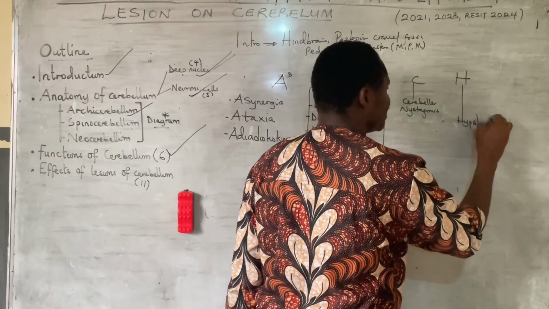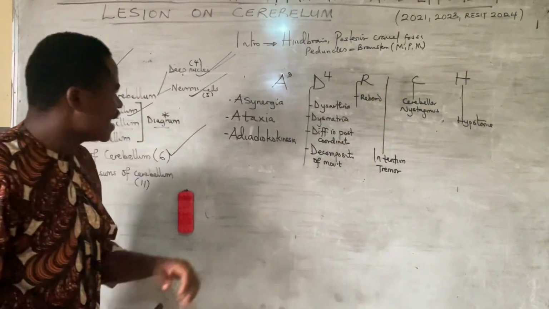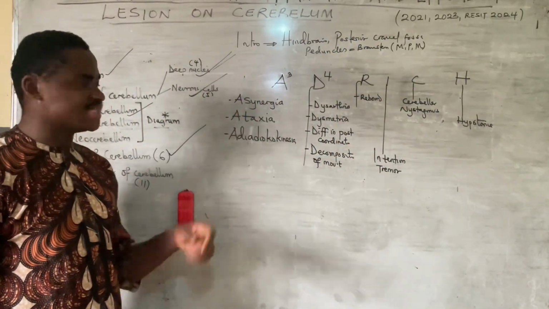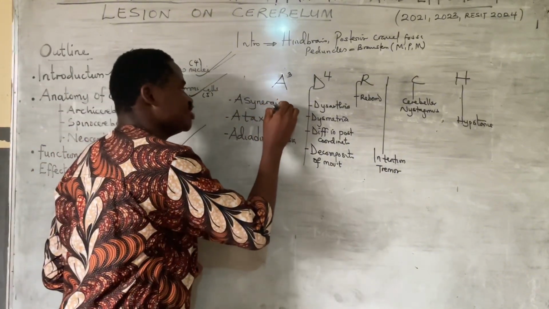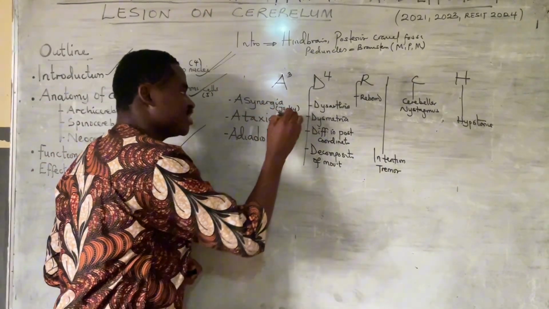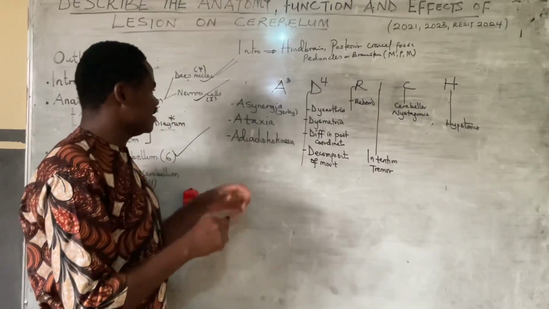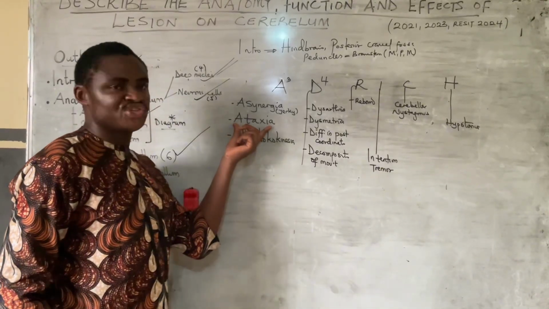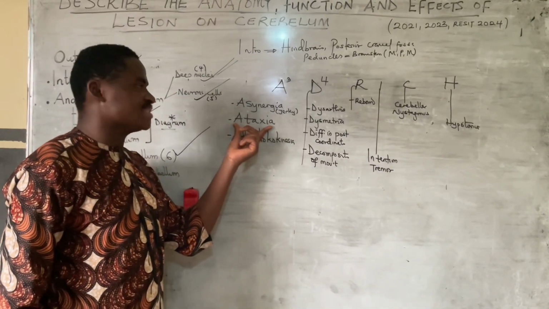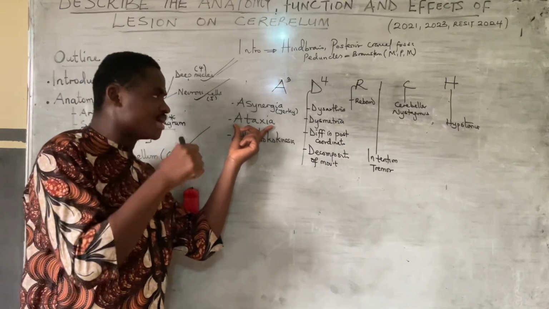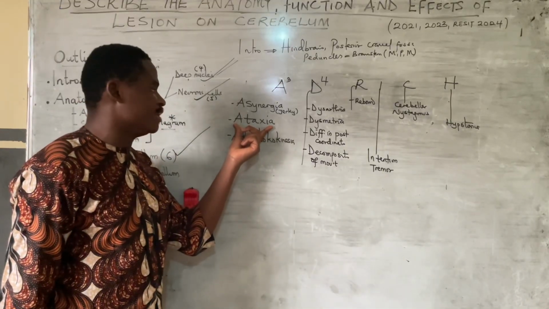Now, a quick one, let's recap everything again. Asynergia means the person has a jerky, shaking movement. But it can even be modified as ataxia, the drunken man. But this kind of ataxia is not due to alcohol, but due to a cerebellar lesion.